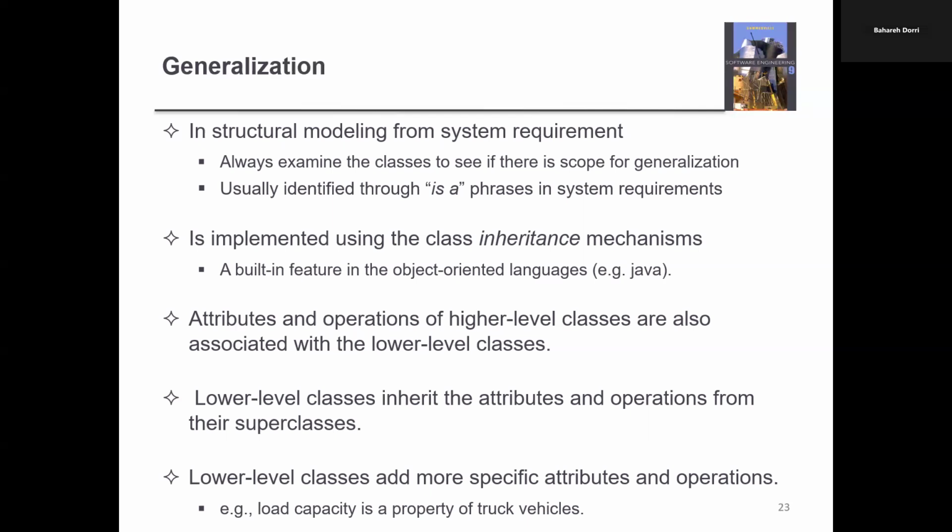Then in the lower level classes, we can add more specific attributes or behaviors. For example, truck might have load capacity, which wouldn't apply to a car. The point is, this helps us avoid repetition, manage complexity, and keep our designs organized and scalable.